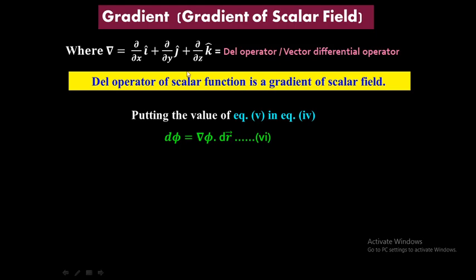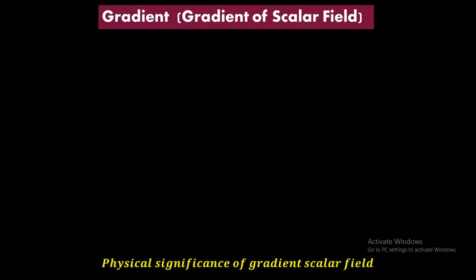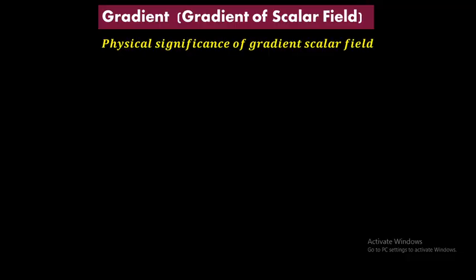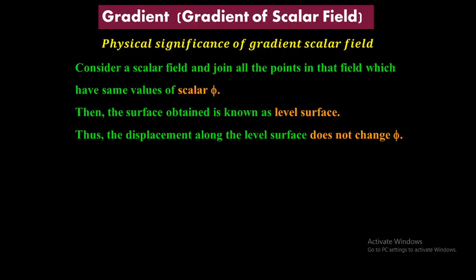Now we have seen the definition and expression of the gradient of a scalar field. Next we will see the physical significance of the gradient of a scalar field. Before that, we consider a scalar field and join all the points in the field which have the same value of scalar phi.